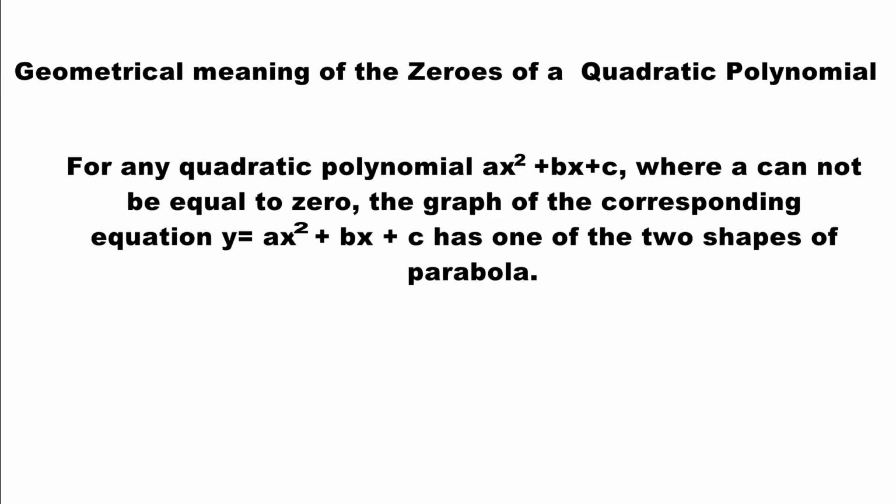Now let's discuss geometrical meaning of the zeros of a quadratic polynomial. For any quadratic polynomial, ax square plus bx plus c, where a cannot be equal to 0, the graph of the corresponding equation y is equal to ax square plus bx plus c has one of the two shapes of parabola.